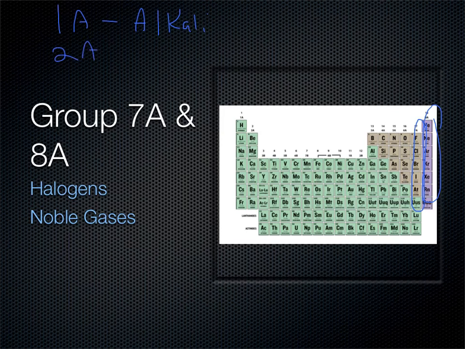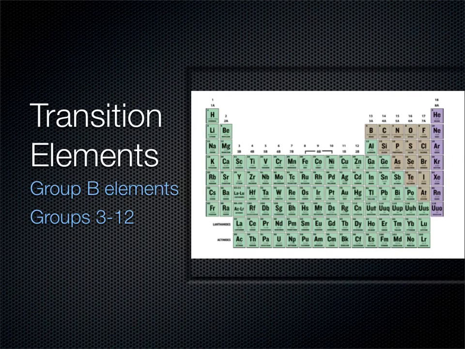Group 2A, alkaline earth. Group 7A, the halogens. And group 8A, the noble gases. Make sure you know those names. You'll be expected to know those on a test.